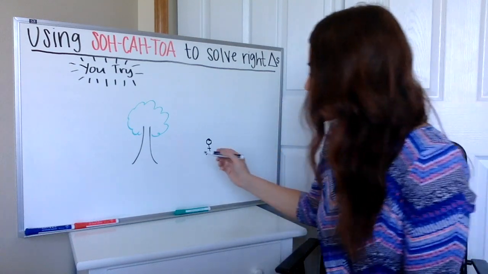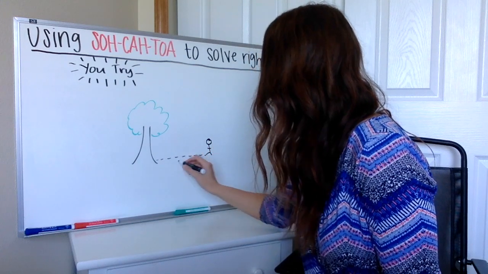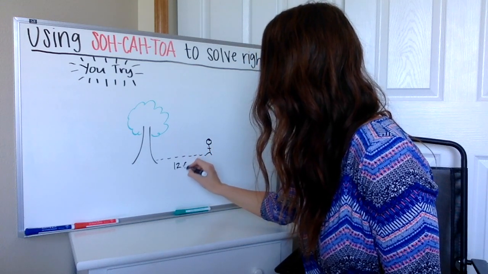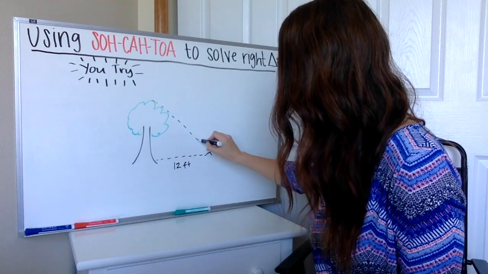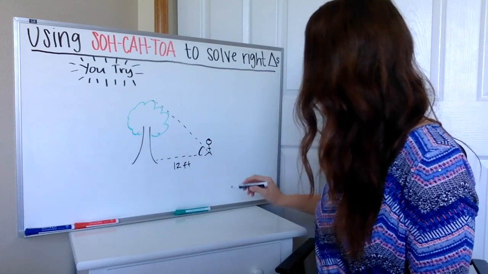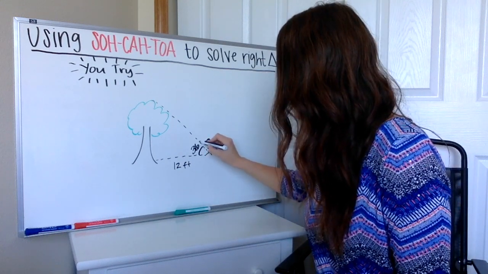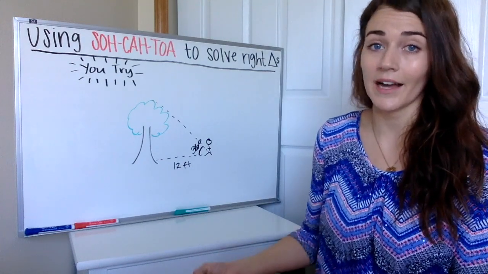So let's say the problem here was that you are standing 12 feet away from a tree, right? And the angle from the top of that tree to the ground, let's say that angle is 36 degrees. That's enough information to now find the height of that tree.